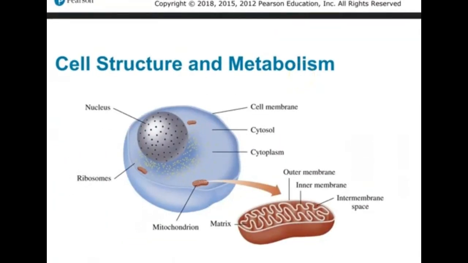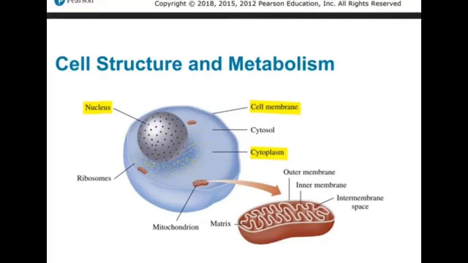For this we need to talk about general concepts of structures in the cell. So every cell, and I mean it, every cell, has a nucleus, cell membrane, cytoplasm, cytosol included.